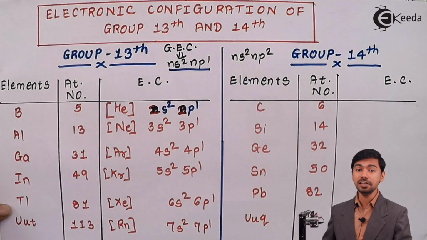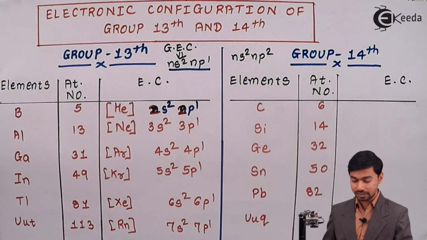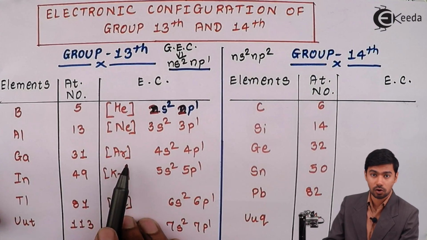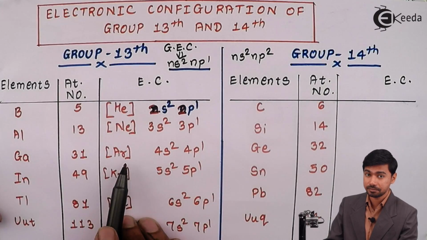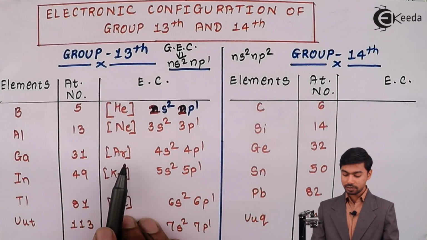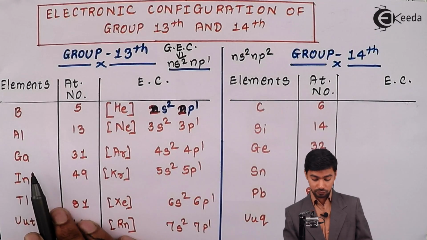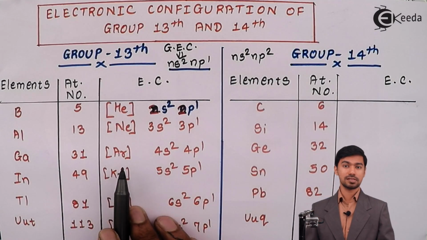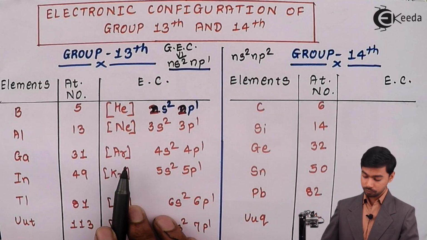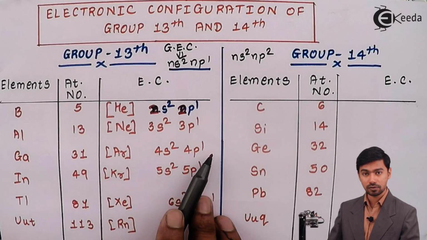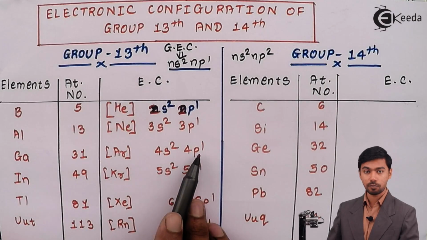But from gallium onwards, what is happening? The atomic number of the argon core is nothing but 18. What is the atomic number of gallium? It is 31, out of which only 18 electrons are from the inert core and 3 electrons are from the general electronic configuration, that is 4s2 and 4p1.